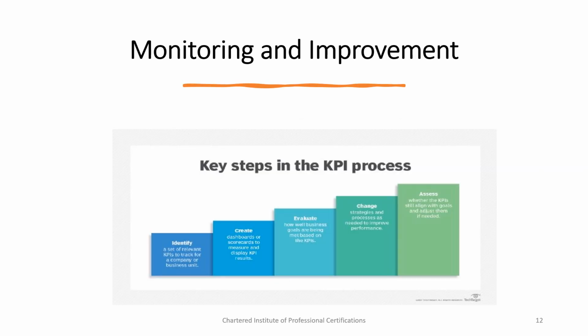Now, once your automation technologies are implemented, it's crucial to monitor their performance and make continuous improvements. Now, this involves tracking key performance indicators, gathering user feedback, and making any necessary adjustments.